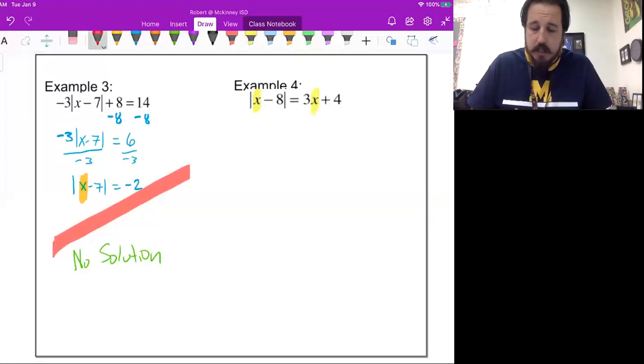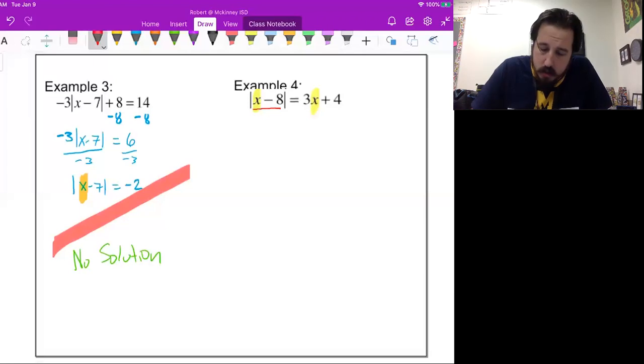One that is positive, where I take exactly what is in these absolute value bars, and it equals the positive version of what I have over here, 3x plus 4.